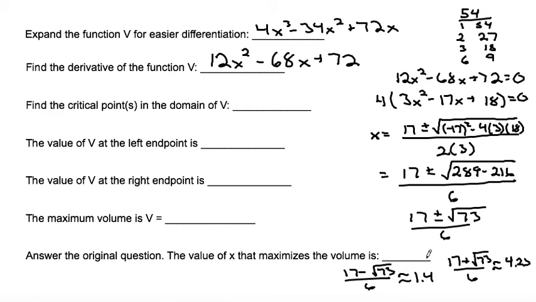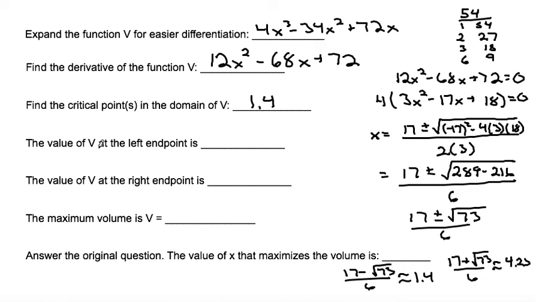So we have our two critical points. However, our critical points must be in our domain, which we found in part 1 is from 0 to 4. So 4.25 is too large. We only have one critical point, which is at 1.4.